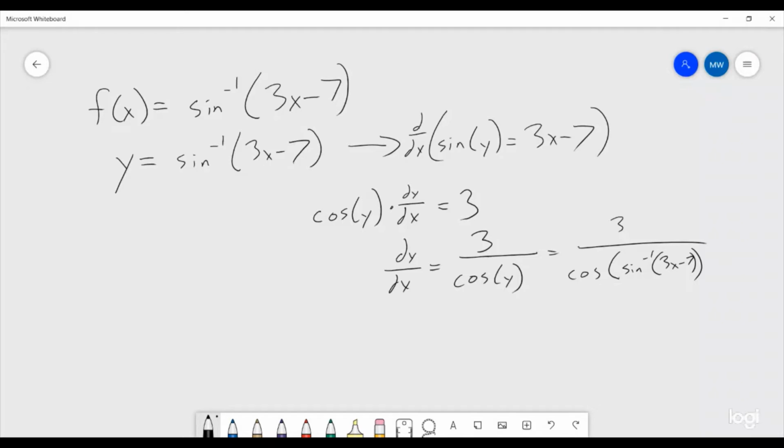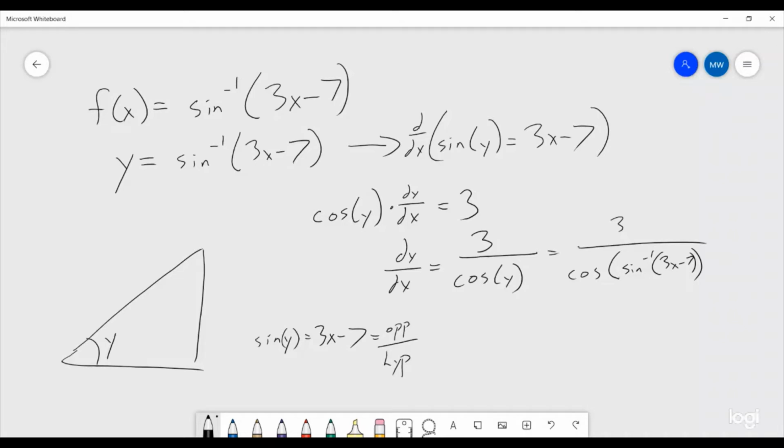But if you're like me, you probably can't figure that out without drawing a picture. So if we have some angle that's y, we know that y is inverse sine of 3x minus 7, or in other words, sine of y is equal to 3x minus 7, and sine is opposite over hypotenuse.